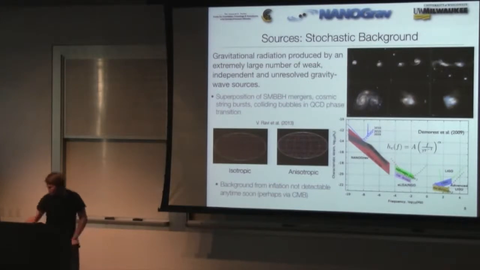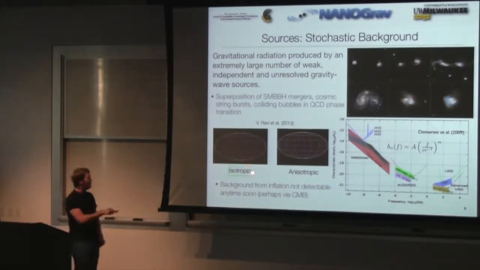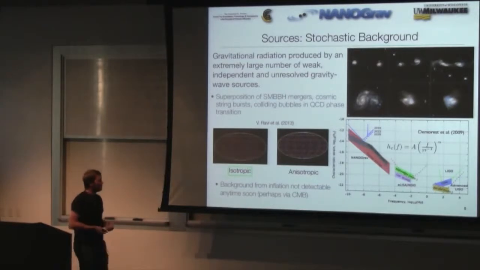However, for this talk, most of what I'm going to focus on is the isotropic background, mainly because this field really just got started heavy duty about 5 to 7 years ago. So it's still a pretty new field. We're still developing techniques, so we're starting off with the easiest thing first, and most of the models that we use are for these isotropic backgrounds.